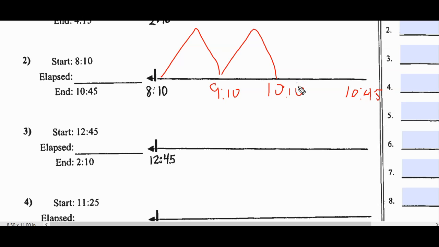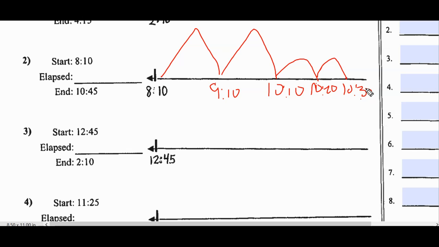Okay. So if I did 10 more minutes, how much would that be? 10:20. Can I do another 10? Yes. How much would that be? 10:30. Can I still go another 10?